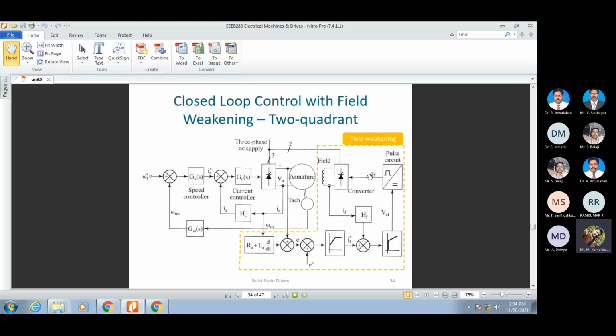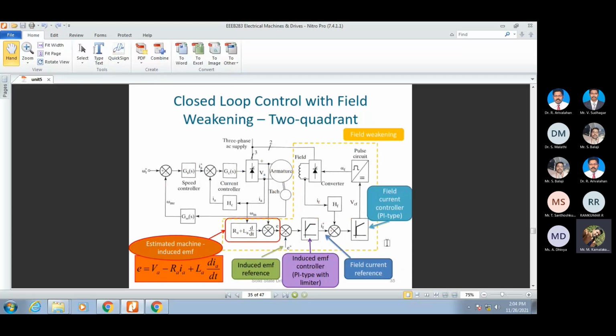So the alpha value plays a vital role. How much alpha has to be there? For this, we have two methods: one is the EMF control method and the other is the inner field control method. In the next slide, it is very clearly given. So this is how the field weakening control is going to take place.